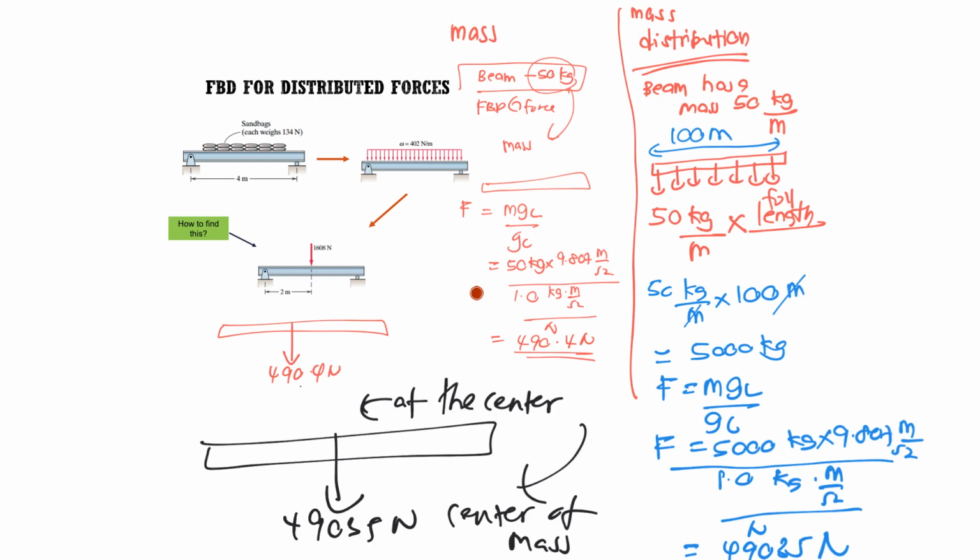Okay, so you need to show the calculation. If I state the beam has a mass of 50 kilograms, or I state the beam has a mass distribution of 50 kilograms per meter, you need to show the working steps. This is going to be marks. Okay, let's proceed to the next one.